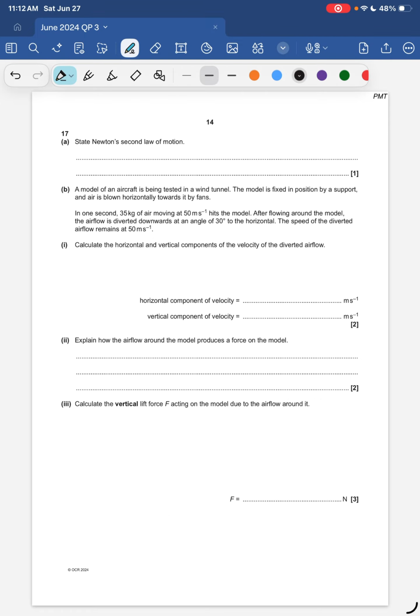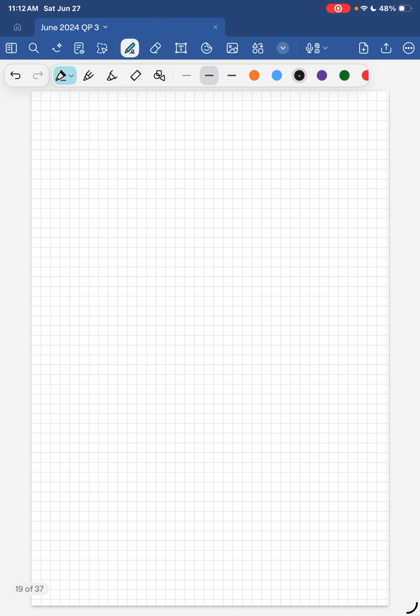Okay, question 17. State Newton's second law of motion. So the resultant force on an object. I feel I'm gonna run out of space, so I'm gonna use a new page.